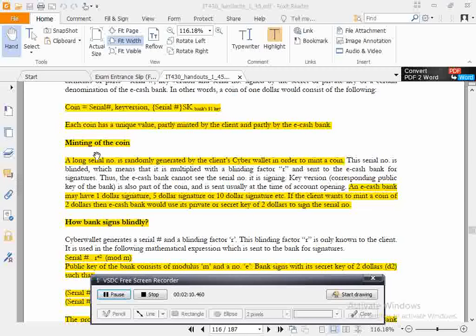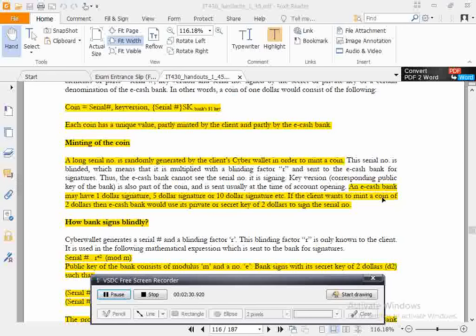Minting of the coin: a long serial number is randomly generated by the client's cyber wallet in order to mint a coin.